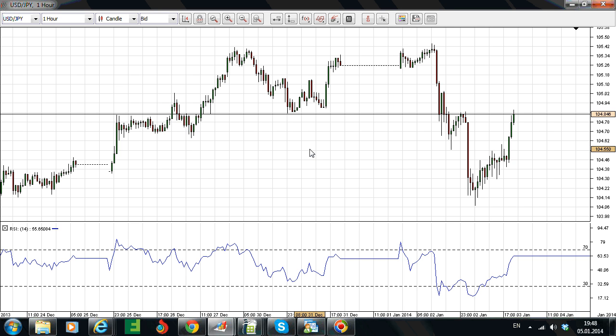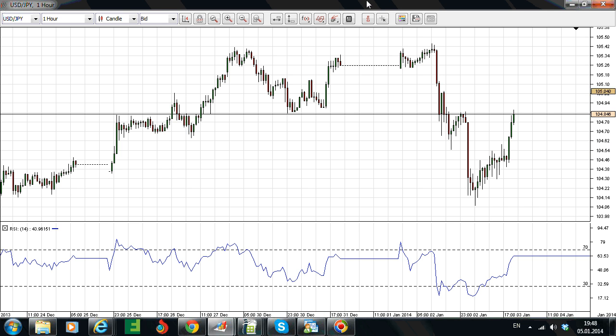If the move is diverging, or price is diverging from the oscillator, or the oscillator is diverging from price, put it as you wish, then this is being called that one of the two is lying, and usually price is lying. The move is a fake one. So you should stick with the oscillator all the time.